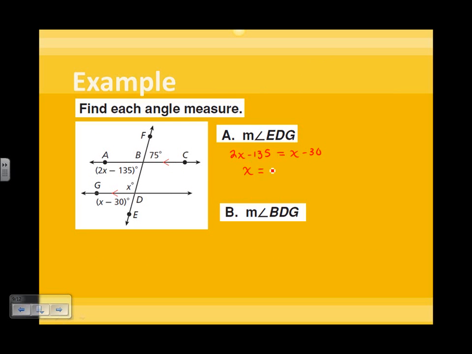That'll give me x is equal to 105. And so the measure of angle EDG would be 105 minus 30, which is 75 degrees.